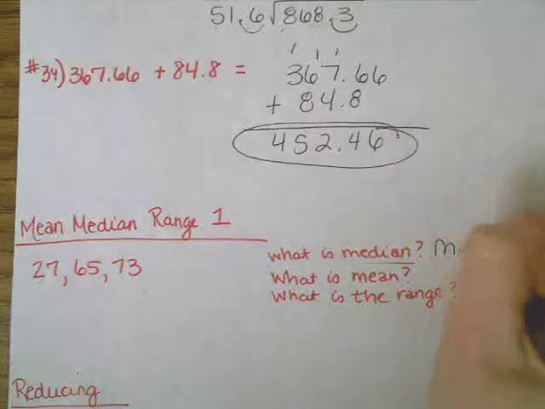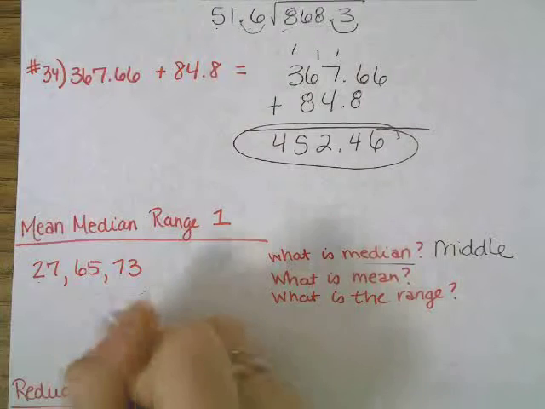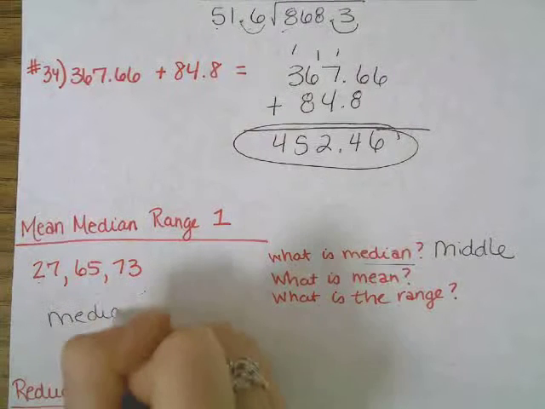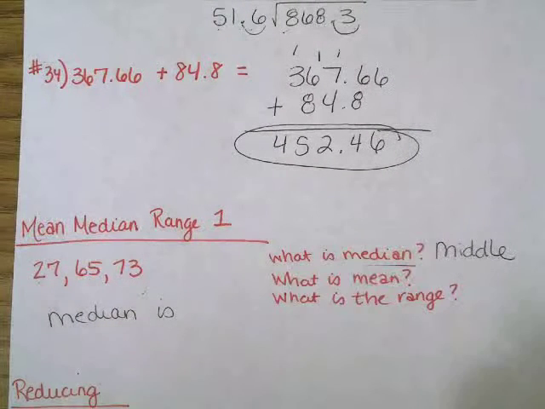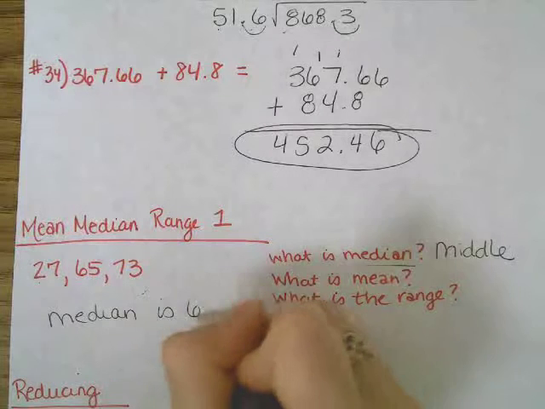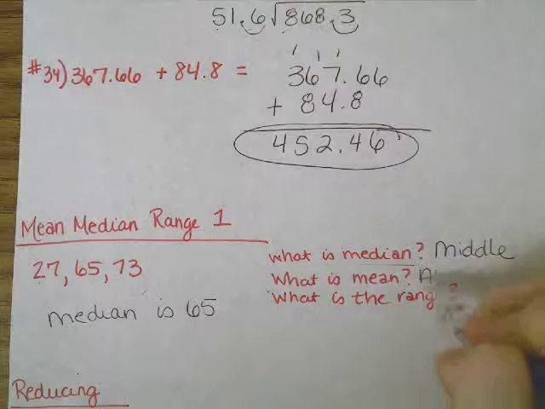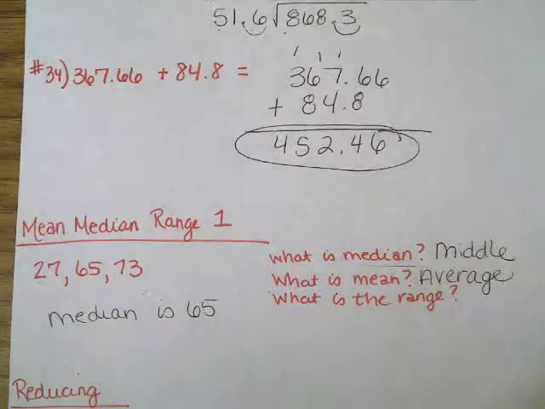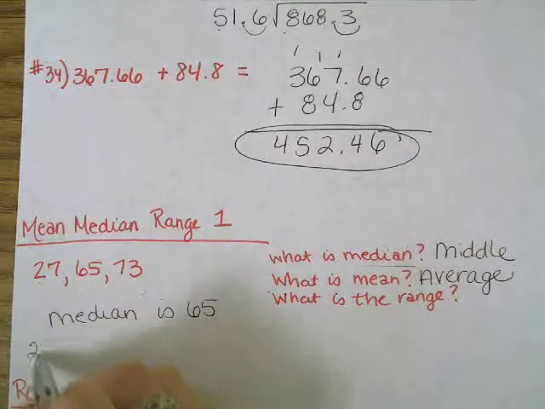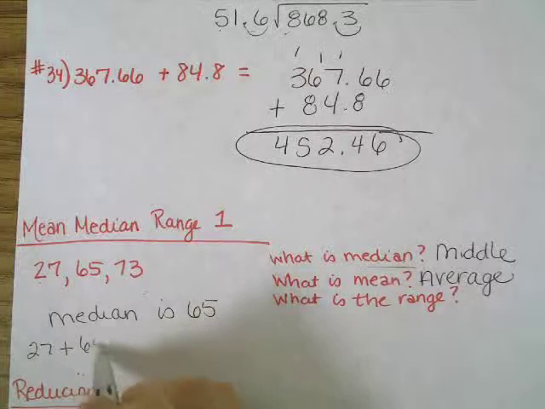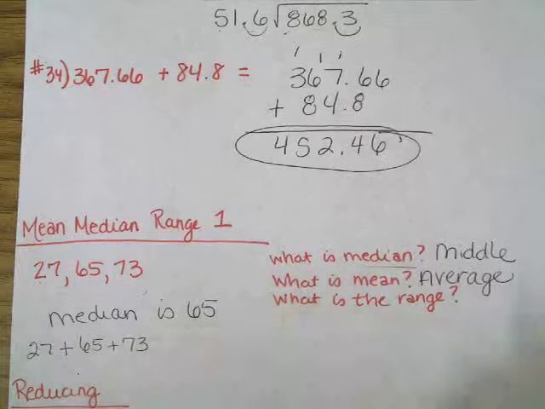This is the one that's in the middle. So our median is 65. Then what is the mean? The mean is what we call average. To find the average, I take 27 plus 65 plus 73.